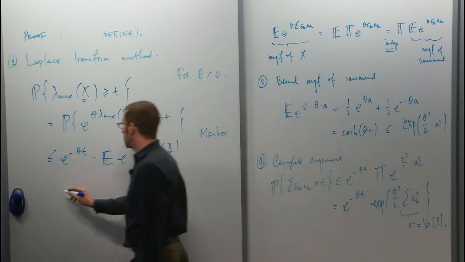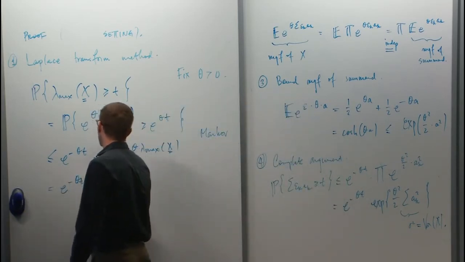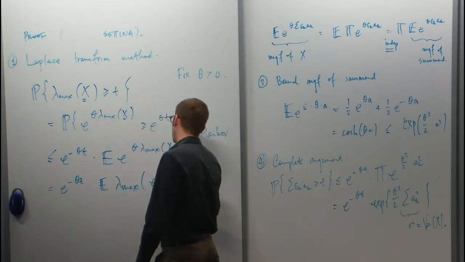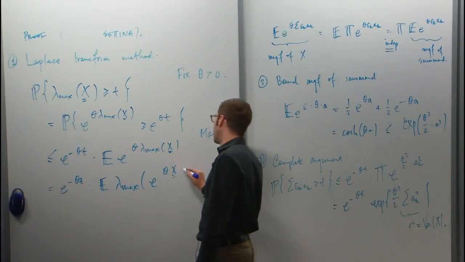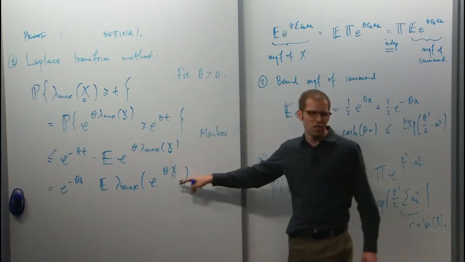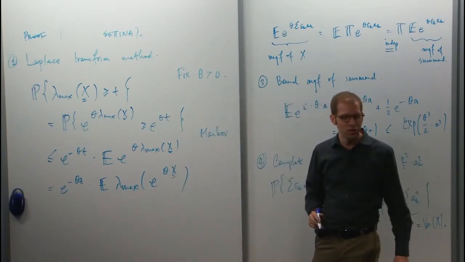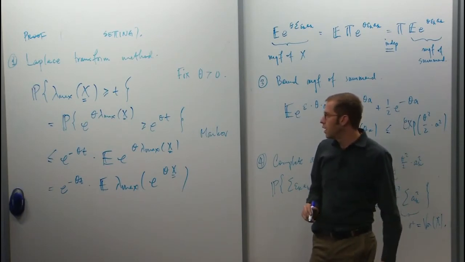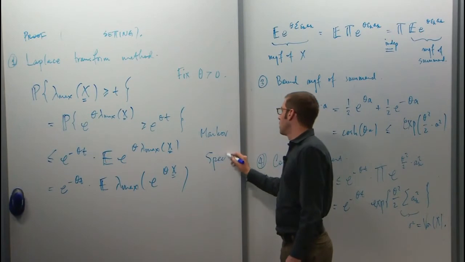So this is equal to e to the minus theta t times the maximum eigenvalue of e to the theta times X. And this is defined, for example, via power series, just like you do in your differential equations class. And if you want to get fancy, you write spectral mapping theorem in the margin.